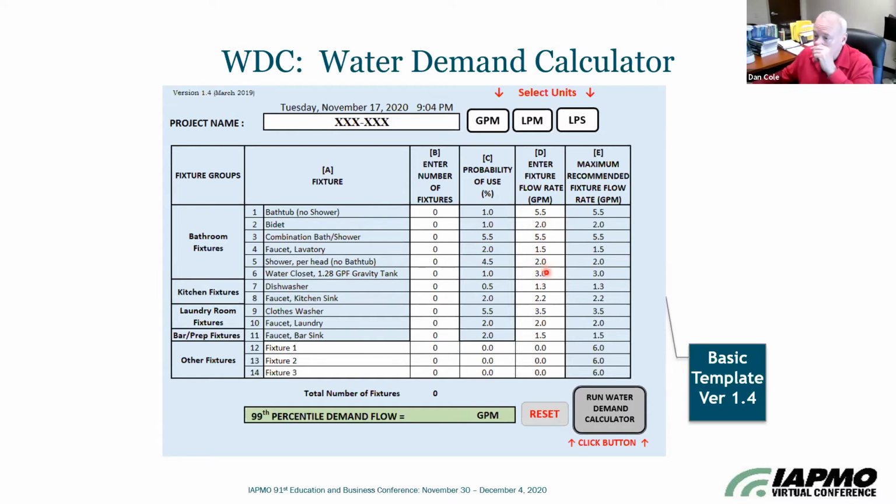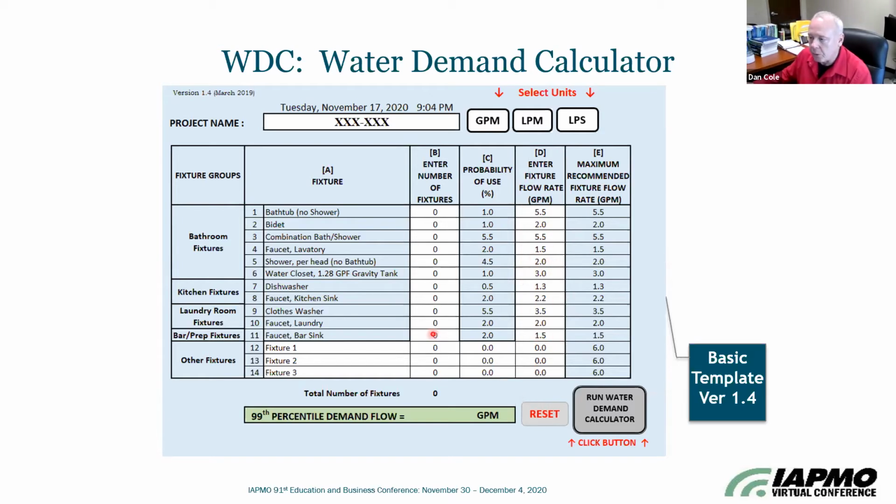This gives you the ability in the future, if these fixture values become lower, if the shower head actually is lower than 2 gallons per minute, you have a 1.5, 1.2 gallons per minute shower head, you can change this value to the actual flow rate of the fixture.